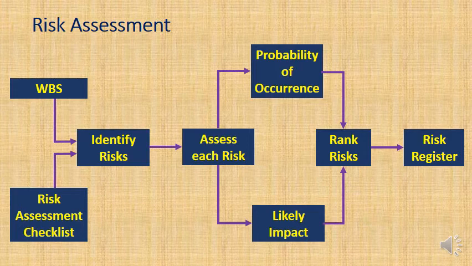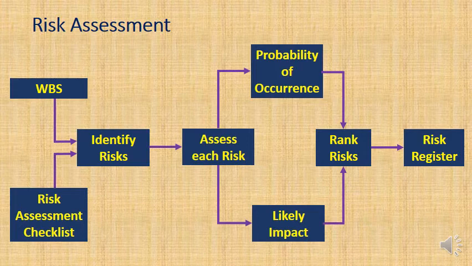You will be identifying risks together as the project team put in charge of the risk management committee, and in identifying risks, you're basically using two inputs. You're using the work breakdown structure, but also a risk assessment checklist. Basically, this is key questions to ask. What would happen if this happened?